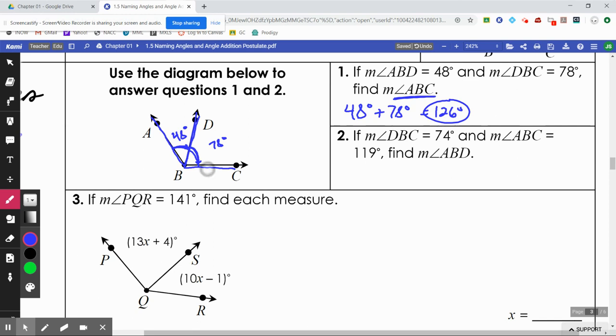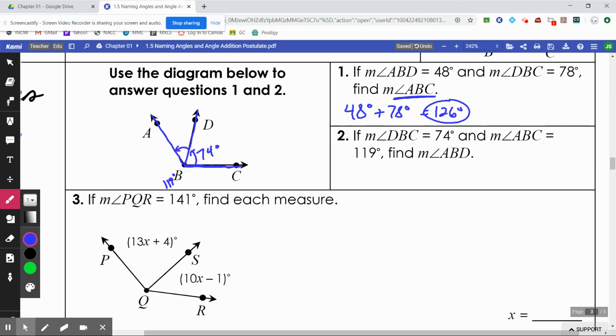Next problem. It says the measure of DBC is 74 degrees. The measure of ABC, and I'm going to put that down here, is 119. The reason I'm putting it here is because ABC is actually the whole thing, A to B to C. So if I start down here and start drawing this way, you open it 74 and then you open it some more.